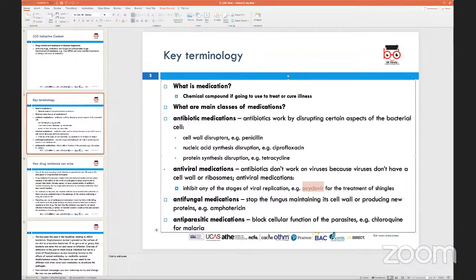And it is normally a disease which is classified as what is called antiviral. So in this case, because of a virus, it requires antiviral medications like acyclovir or valacyclovir to be given.